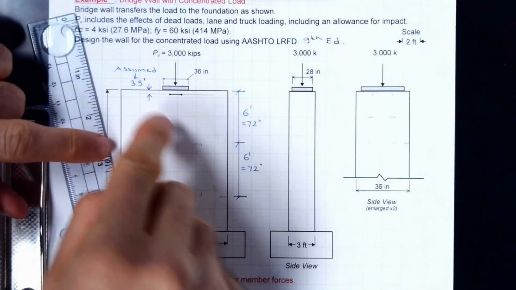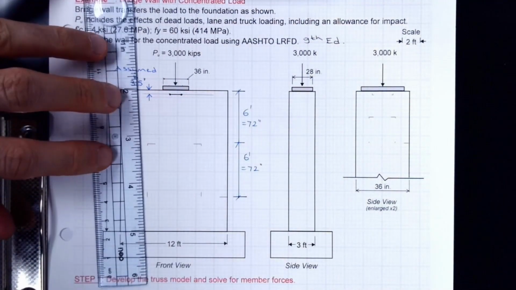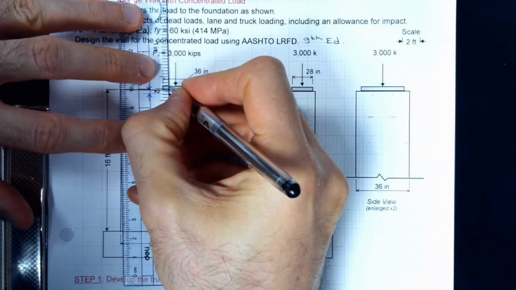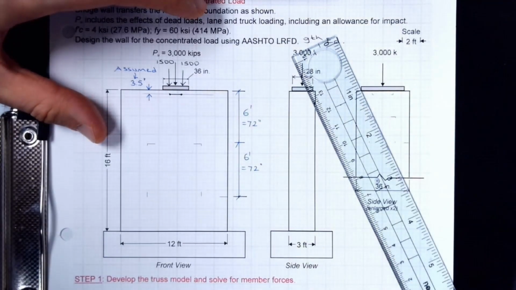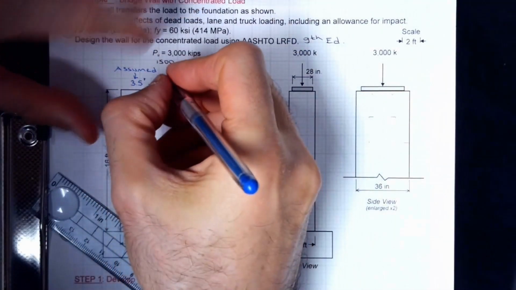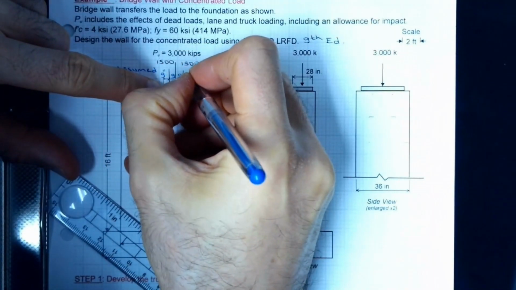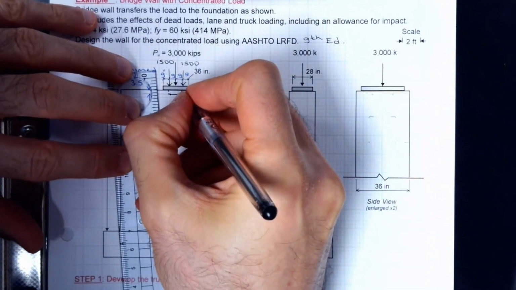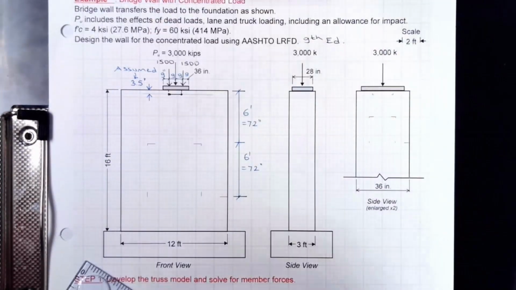For this one, because I'm going to be spreading it into 2, it does make sense to spread this into 2, 1500 in terms of forces. What I need to do is to divide the distance into 4, which would give me 9 inches. So 9, another 9, another 9. I'm going to be sending my compression, so this is going to be going to that node. So this is the initiation of the stress.